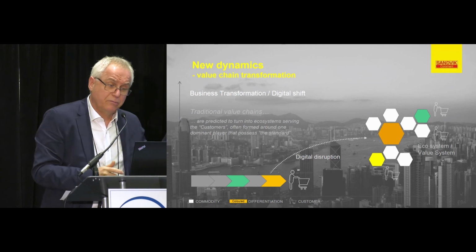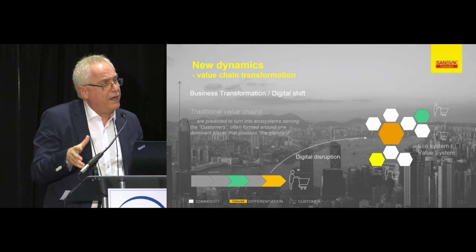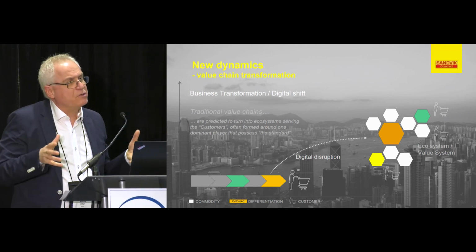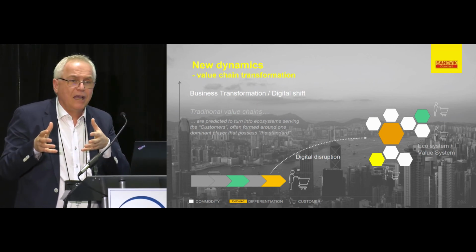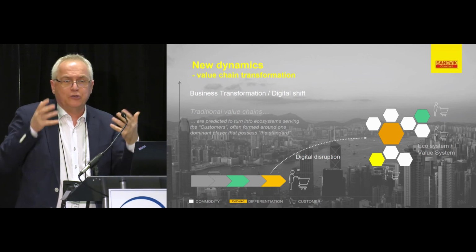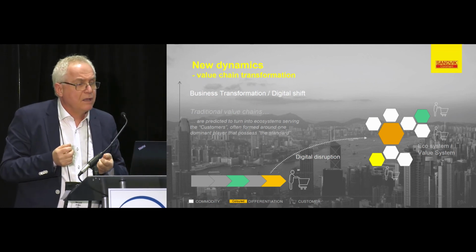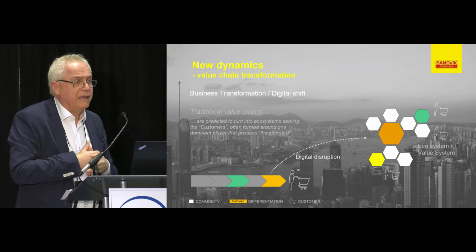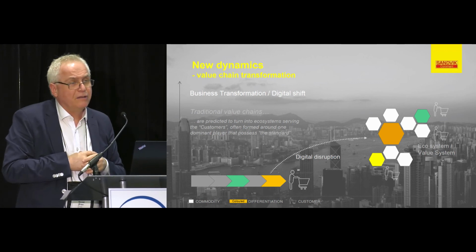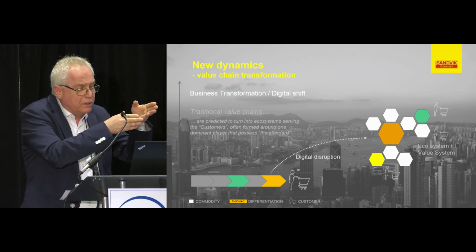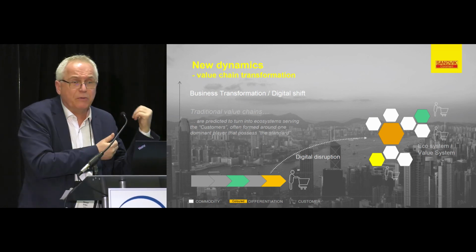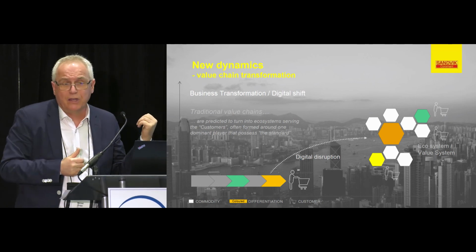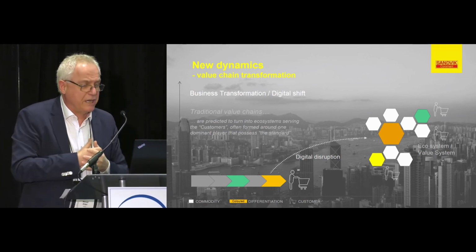Second lesson learned regarding what kind of dynamics this kind of solution has: if you combine left-hand side and right-hand side, and you do some kind of value transformation. If you just look at the left-hand side, it's a typical traditional value chain. You do this, you do that, you do a little bit green, a little bit yellow, and then you send something. This is a typical B2B and B2C type of connectivity, a traditional value chain.